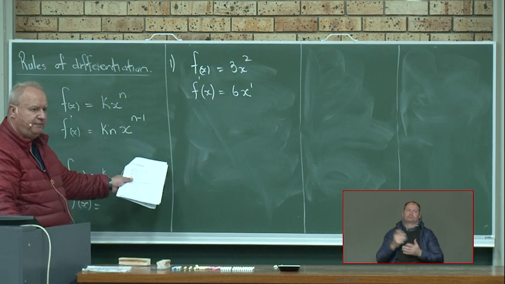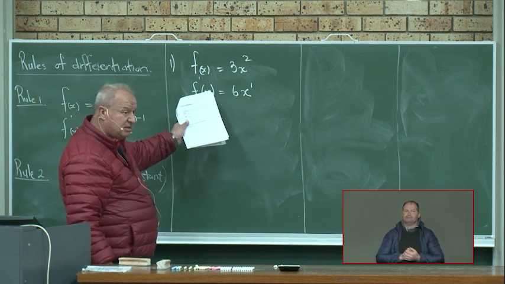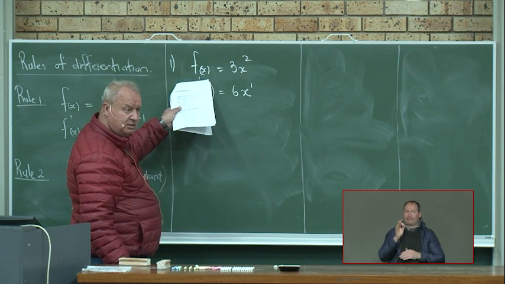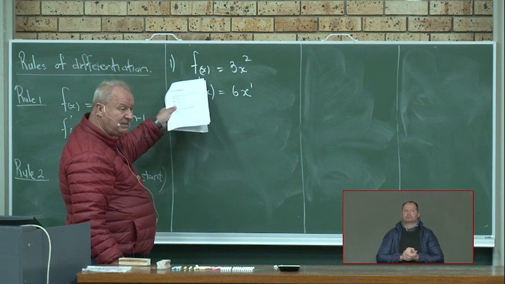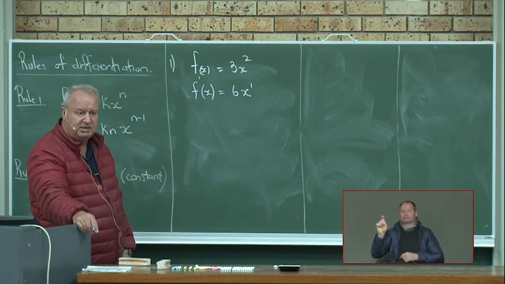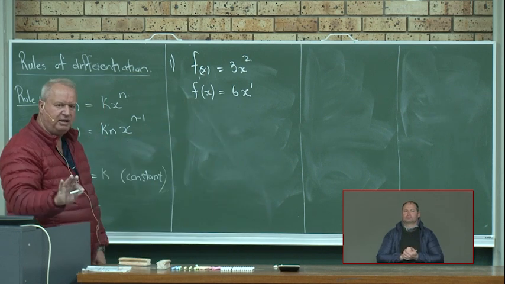Now we're going to do a few of those. Then I'm going to show you that f prime x is only the notation if the function is f(x). But if the function is y equal to 3x squared, then dy over dx is the notation for the derivative. Okay, before we get there, we're taking it step by step.